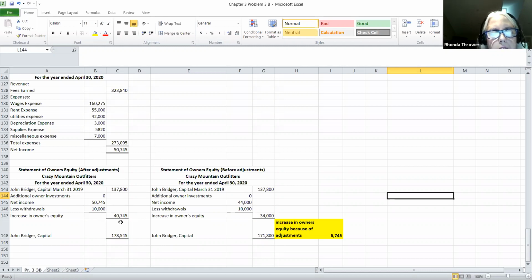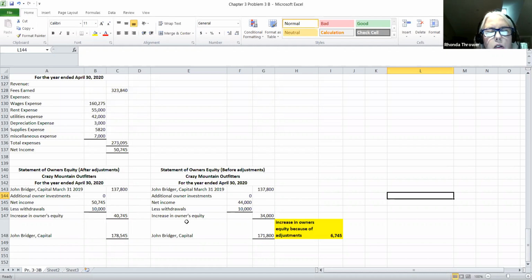There is an increase in owner's equity during this time period, which would be added to your beginning capital balance to get your ending capital at April 30th. This is the correct amount of capital at April 30th.